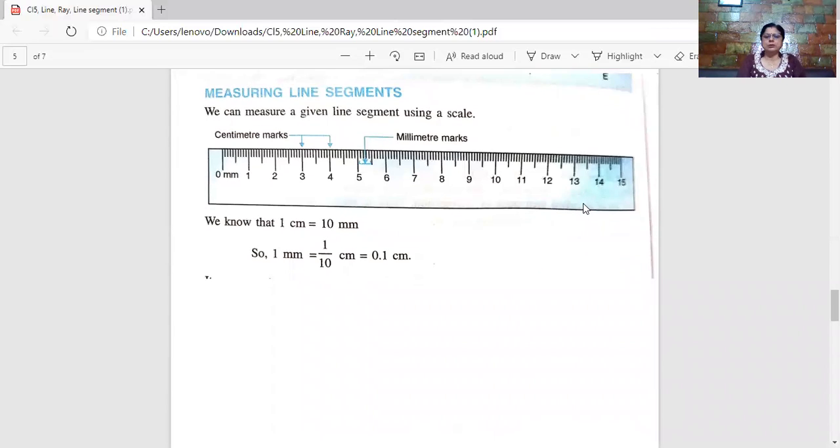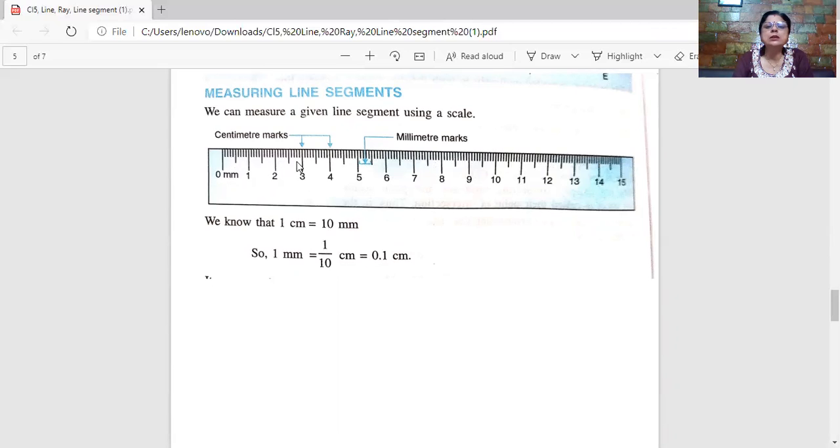Now how to measure line segments? What do we use? We all know we have to use a ruler to measure line segments. Now in a ruler, on the one side we have lines dividing into several parts. Now can you see all this? These are calibrated. Now from here 0 to 1 it is 1 centimeter. 1 to 2 it is 1 centimeter.